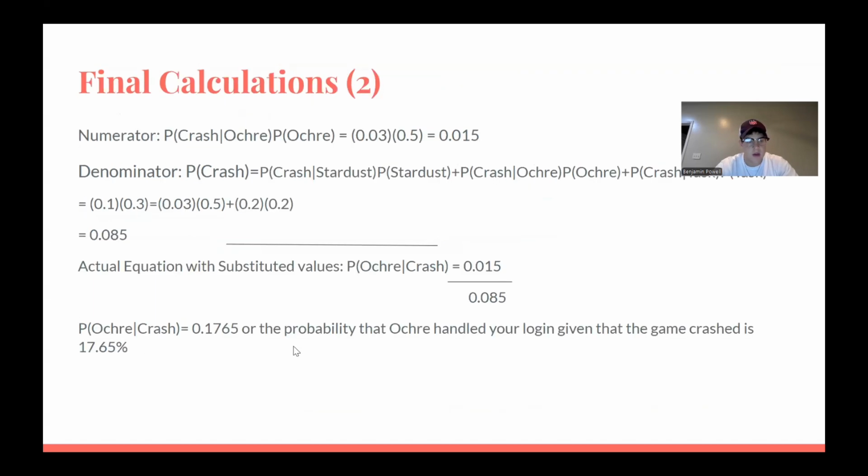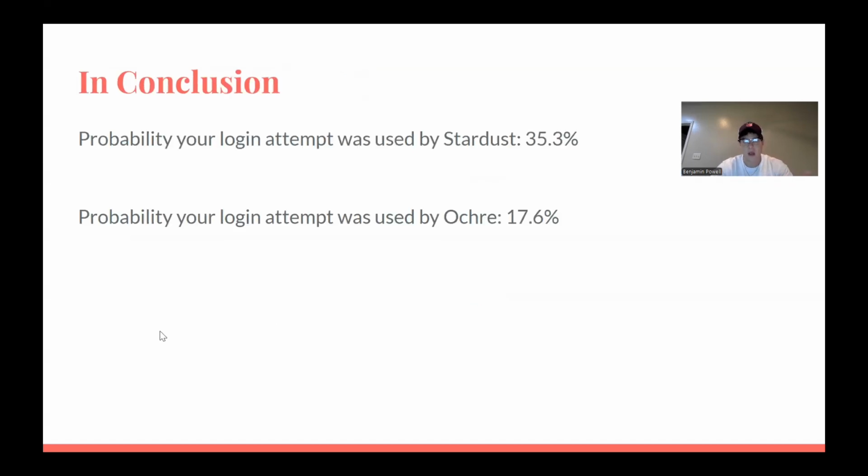So here we go. The probability that Okra handled your login given the game or server crashed is 17.65%. So in conclusion, there you go.